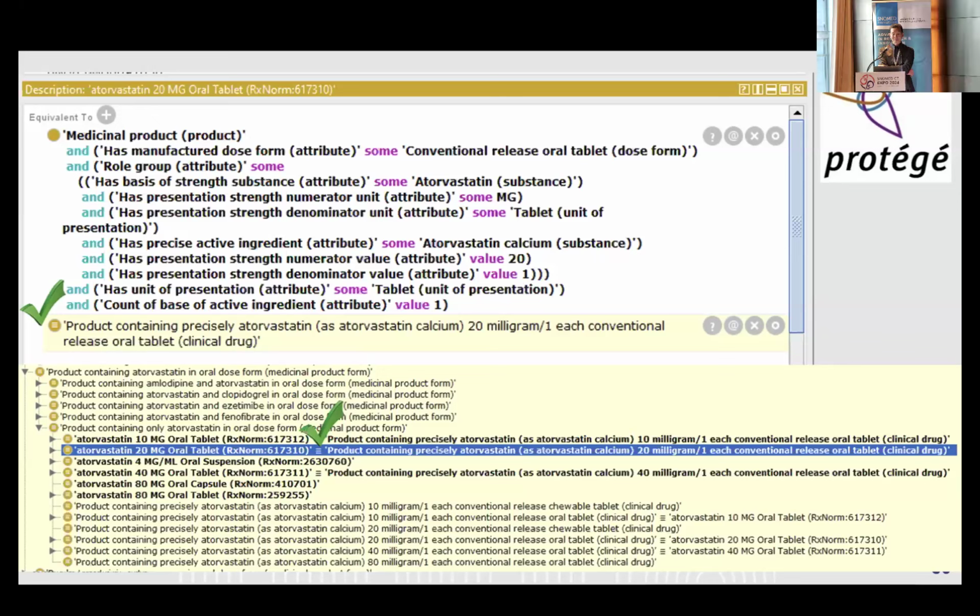And another question is about the BoSS and the active moiety. Isn't this normally the same? Not necessarily, because sometimes the BoSS is just the active moiety. Sometimes the BoSS includes the salt form as well.